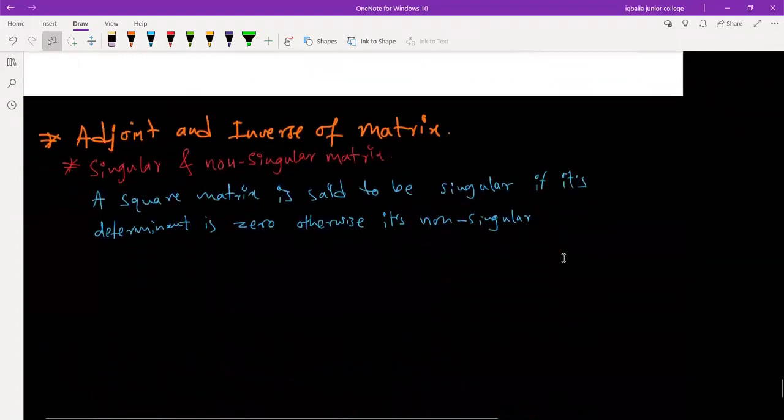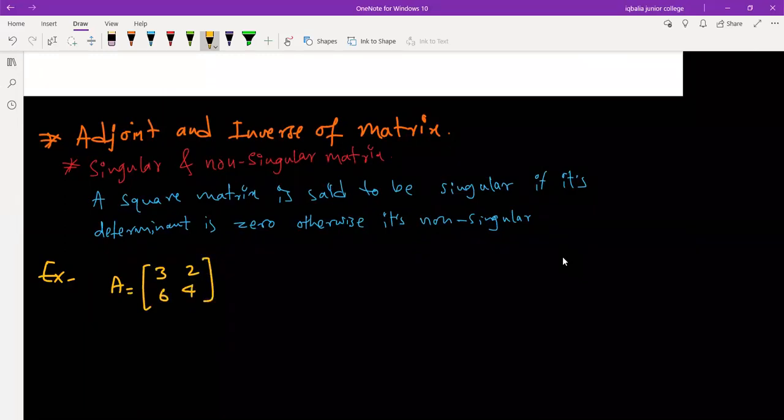So a square matrix is said to be singular if its determinant is 0. Otherwise, it's non-singular. Okay. Let me show an example. Suppose I have a matrix whose elements are 3, 2, 6, 4.